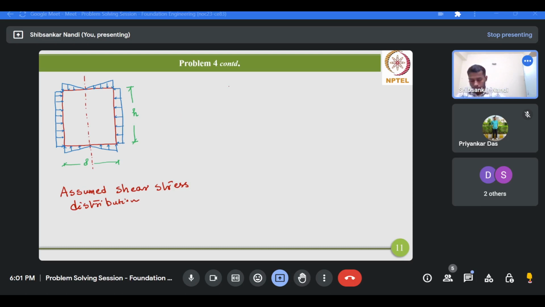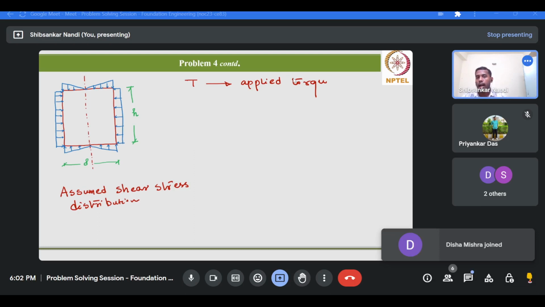Now this T is basically the applied torque. Whenever this T is applied, what will happen? The soil tries to resist that torque, and when the applied force or applied moment is equal to the resisting moment, the soil mass is at the limiting state of collapse.